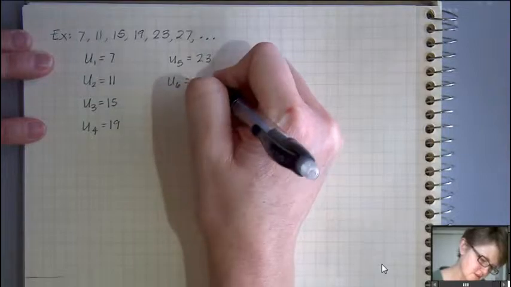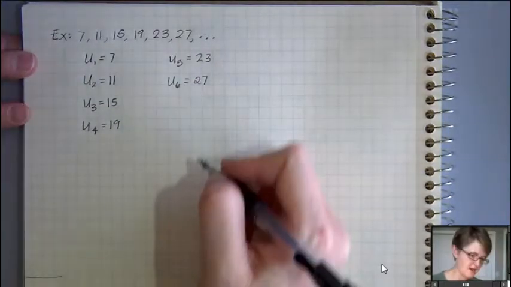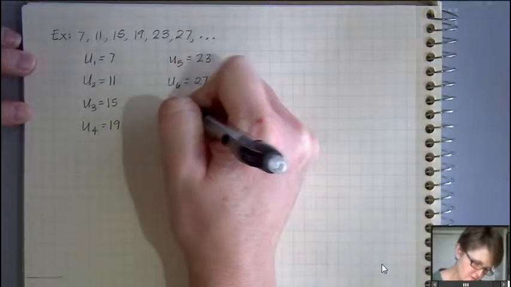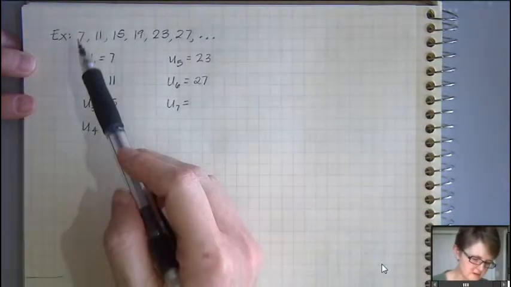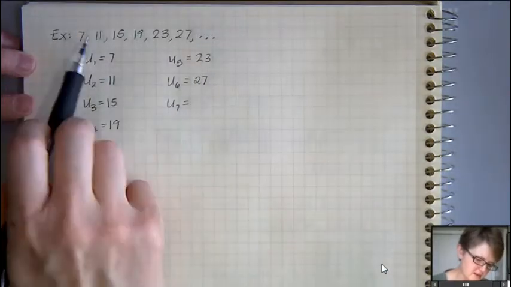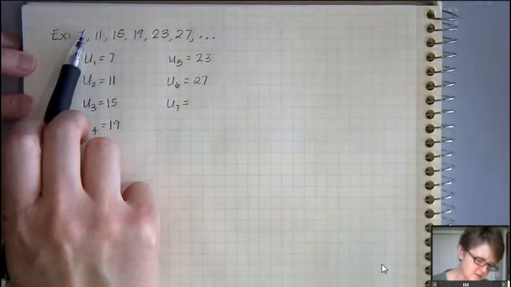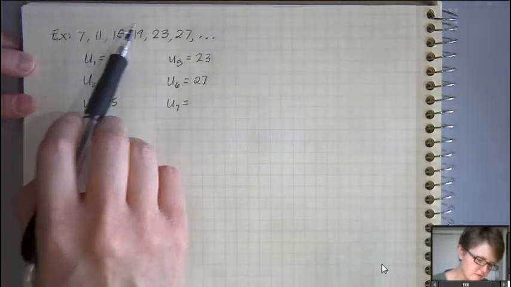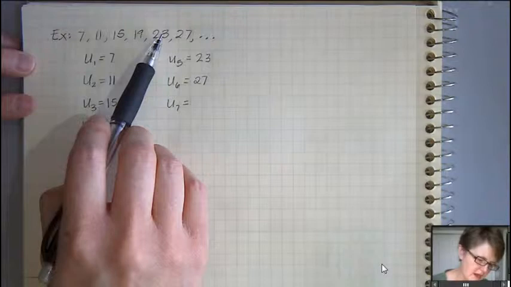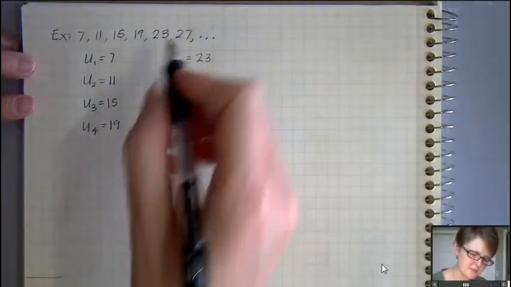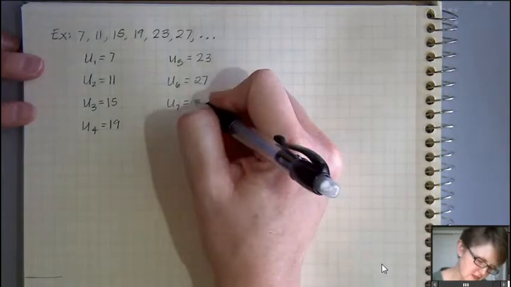Now, can we write what a couple more of these are, even though we don't have them listed? You probably noticed a pattern. Based on the pattern, we've noticed what's going to come next. From 7 to 11, we've added 4. From 11 to 15, we've also added 4. Notice for all of these, we've added 4 to the previous one to get to the next one. So I'm going to add 4 to that 27, so I get 31.